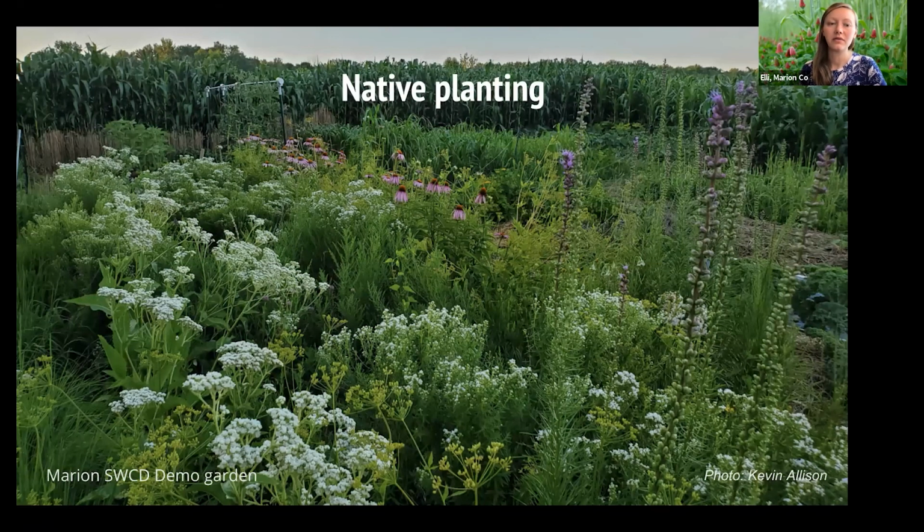So the amount of growth that you can get in a relatively short amount of time, and the amount of insects that you can bring in a relatively small space is just incredible. And all of these white flowers, umbelliferous flowers, really help to support those wasps that, again, parasitize or are predators on a lot of our crop insects.